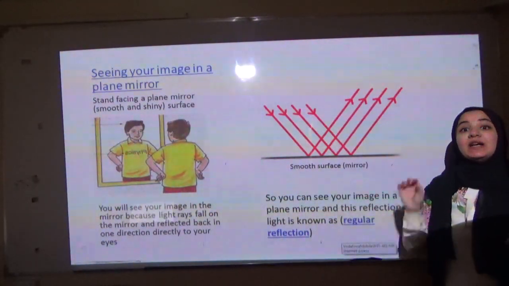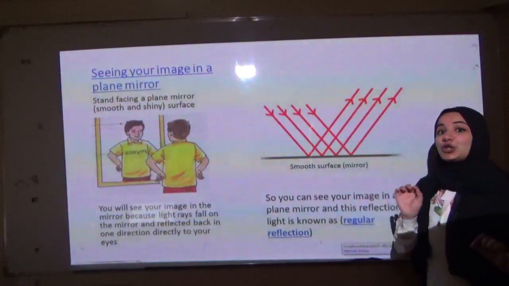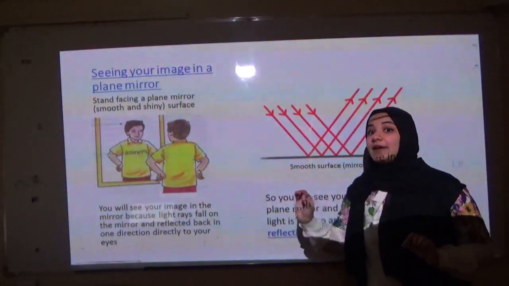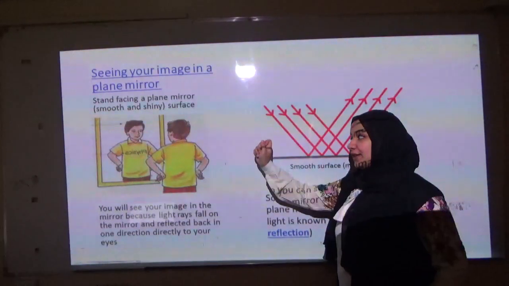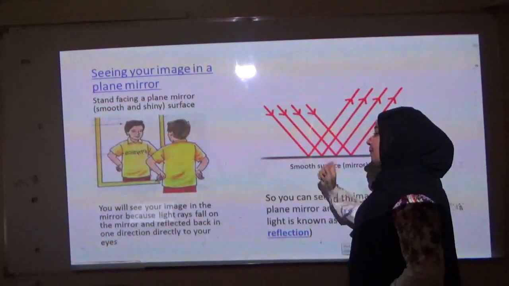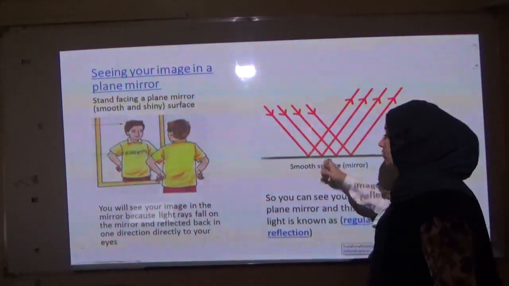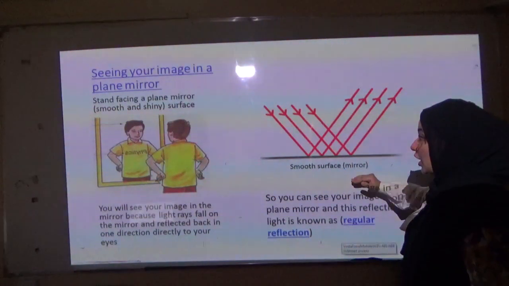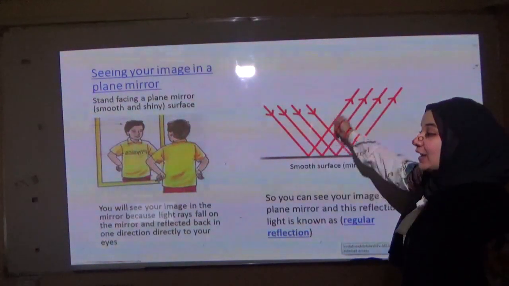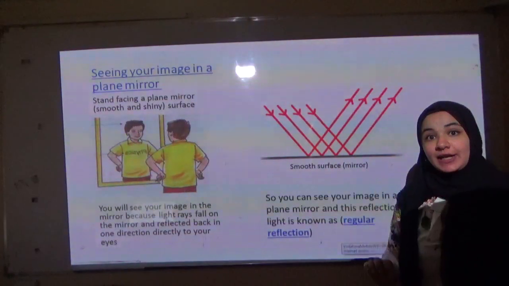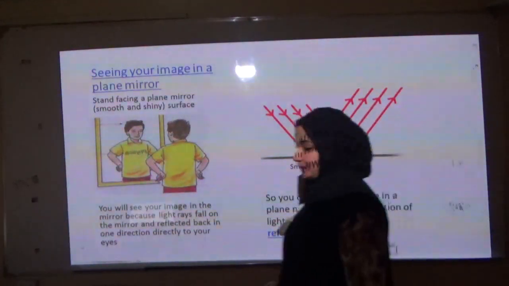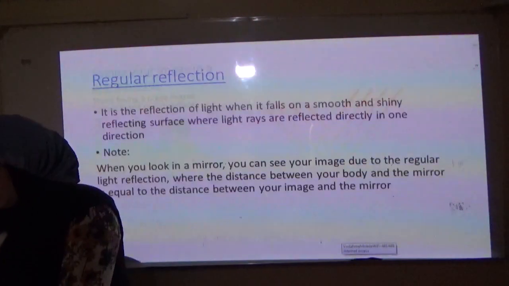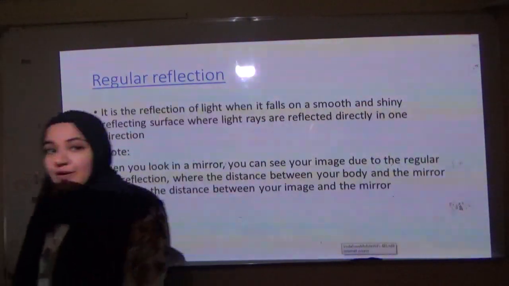It's called what? Regular reflection. The light falls on a smooth and shiny surface and then becomes reflected directly to your eyes. This is the regular reflection.